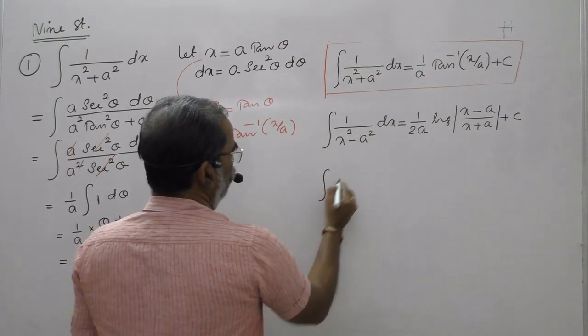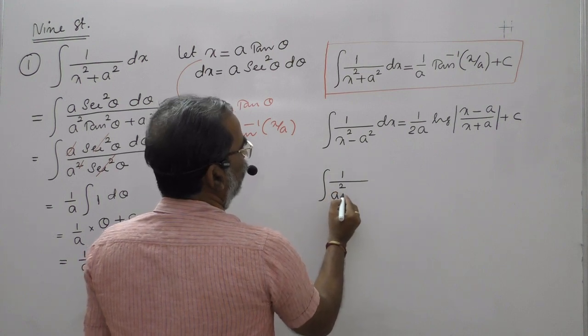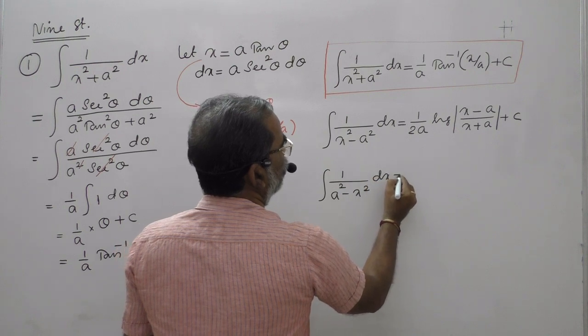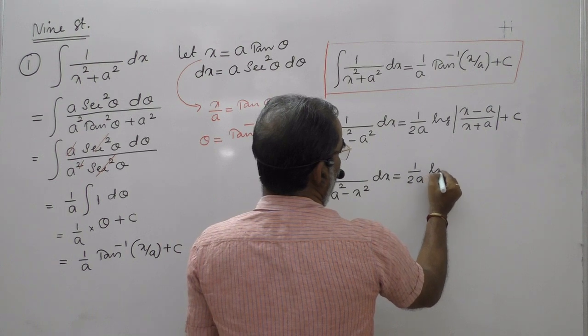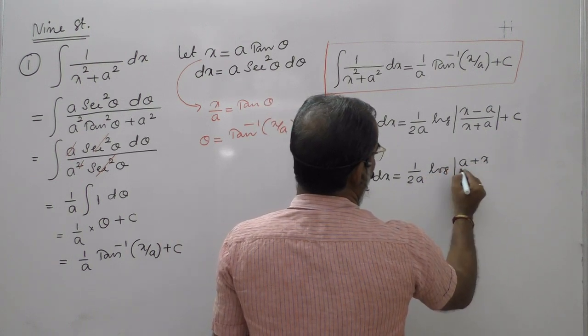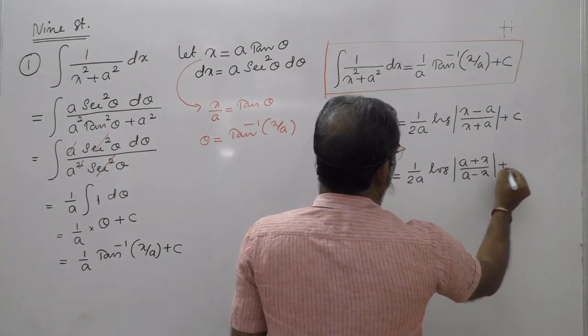And one more, integral 1 divided by a square minus x square into dx. This will be 1 by 2a into log of a plus x by a minus x plus c.